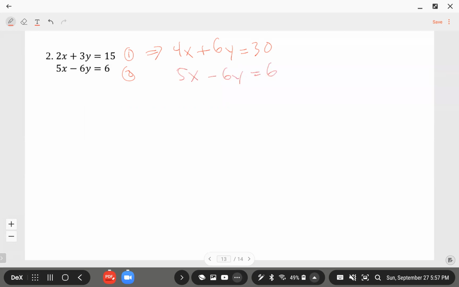There we go. Now you can add them. Let's add 1 plus 2. 4x plus 5x, 9x. 6y minus 6y, 0, equals 36. x equals 4, right? So does everybody understand where I'm going from?